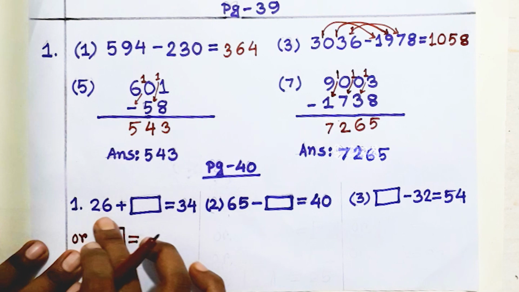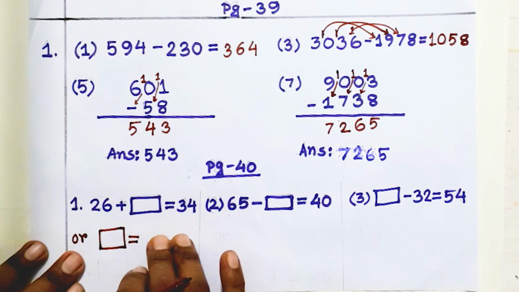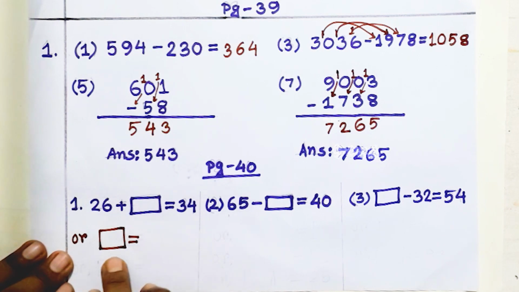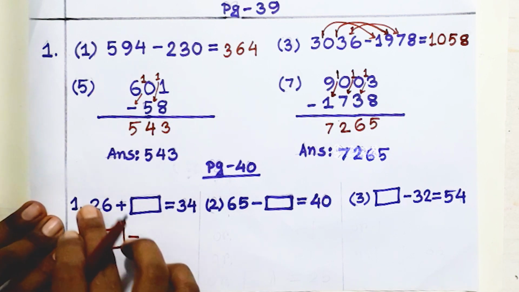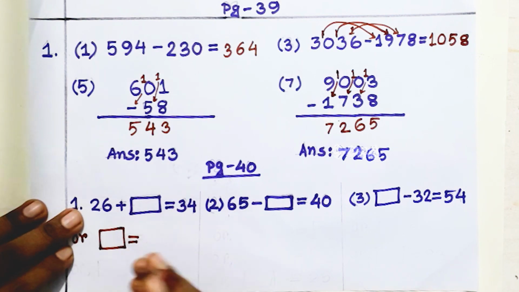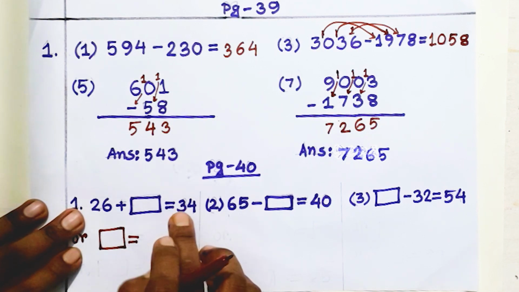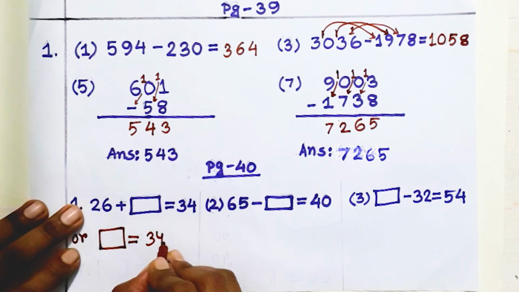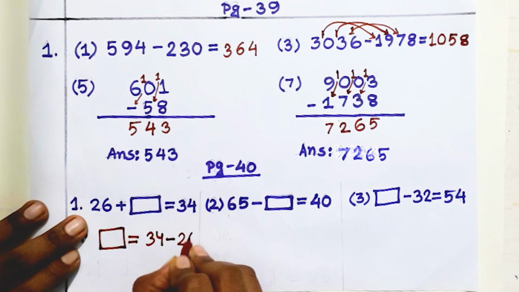That means we will write this 26 on the right side, and always remember that if you take it to the other side, the sign will be changed. Here is an addition sign. When we convert it to the right side, then the sign will be changed, and that change will be the minus sign. And here write 34 first, then this addition sign changes to a minus sign and write this 26.